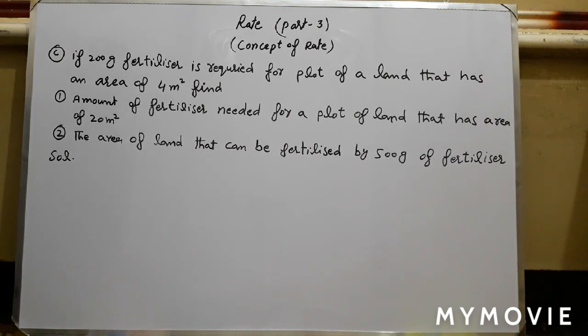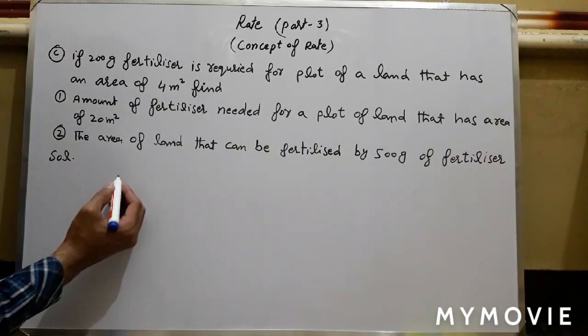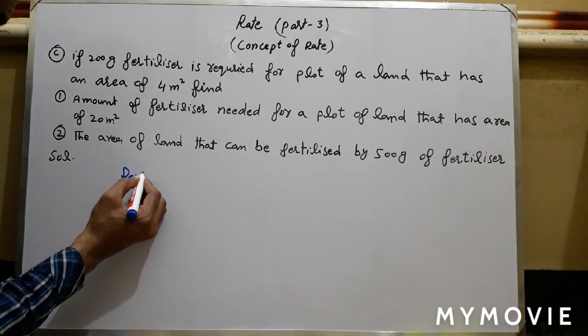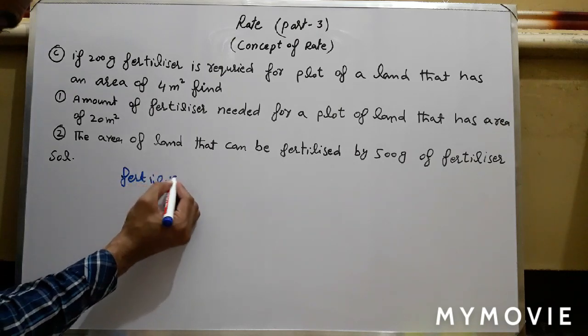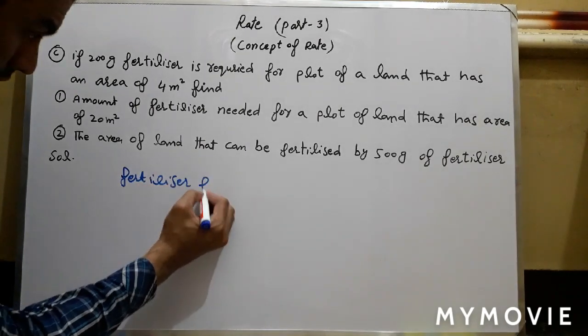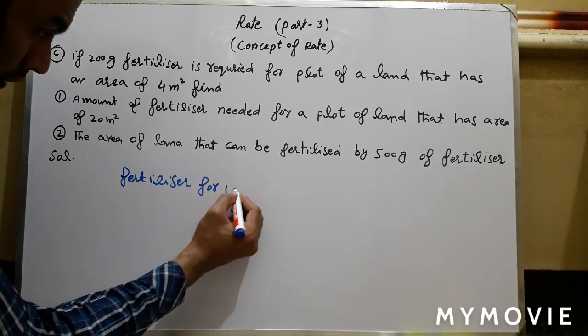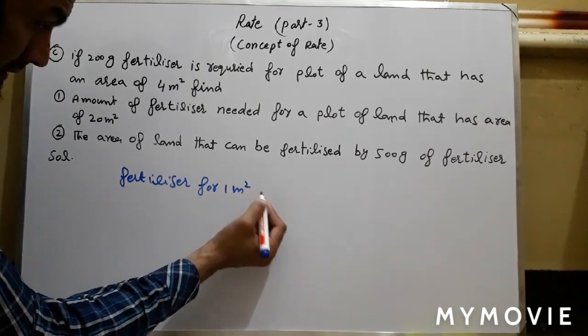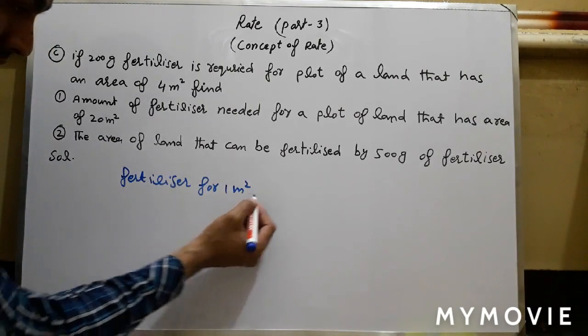Find the amount of fertilizer needed for a plot of land that has an area of 20 square meters. First you find out the fertilizer for 1 square meter.